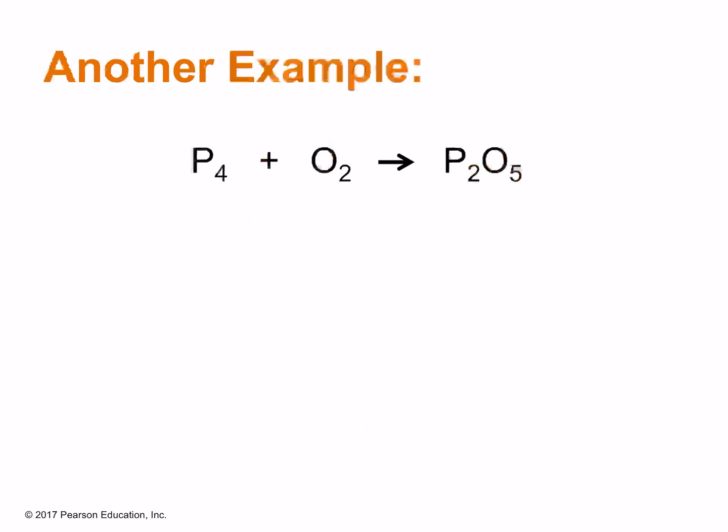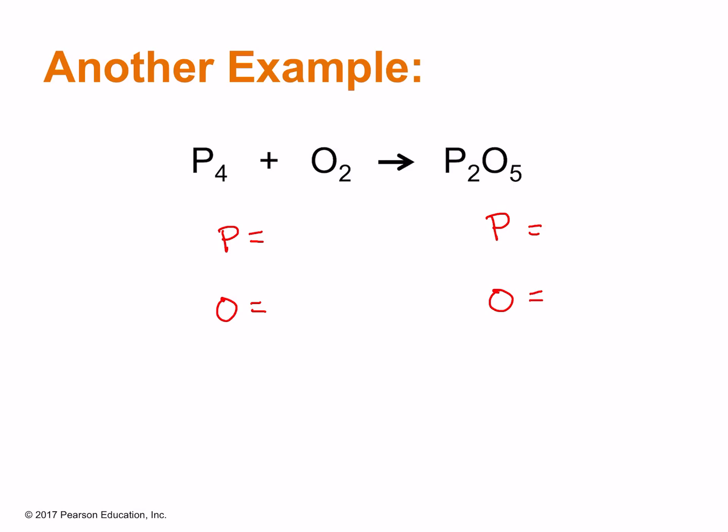So here's another example. So we have phosphorus and oxygen, and phosphorus and oxygen. If you're feeling confident, you can pause, try and balance this, and then come back for the solution. If you're still lost, keep playing the video and I will keep walking through it.